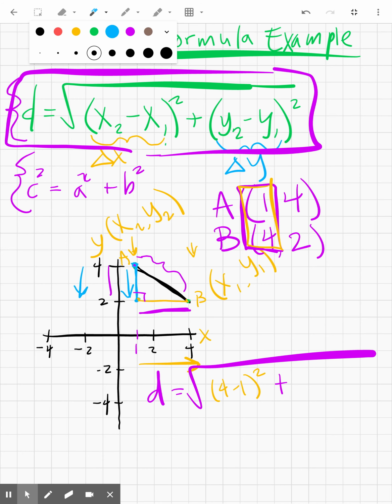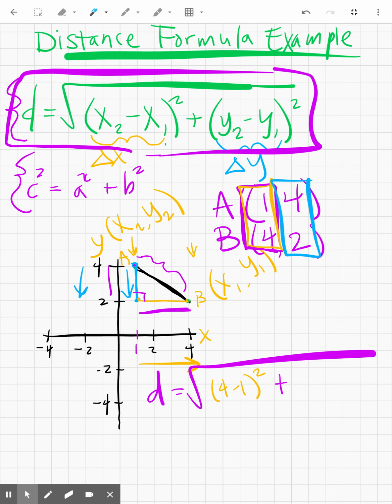Change in y, we're looking at 2 minus 4 or 4 minus 2. It doesn't really matter which direction you're subtracting in, even though you'll get a negative in some cases and a positive in the other. It doesn't matter because we're squaring it, so either way it'll end up positive. It doesn't matter which order you do it in.